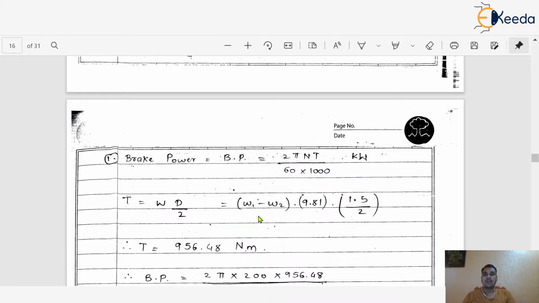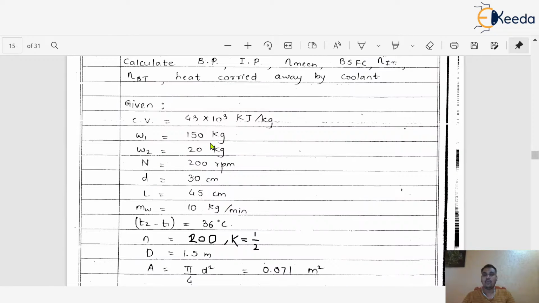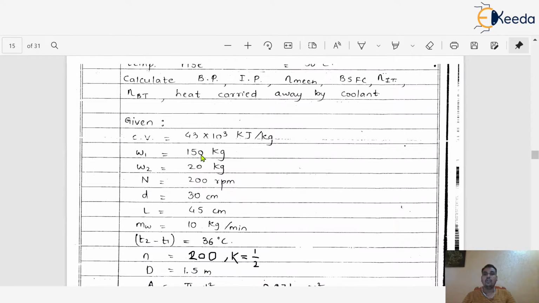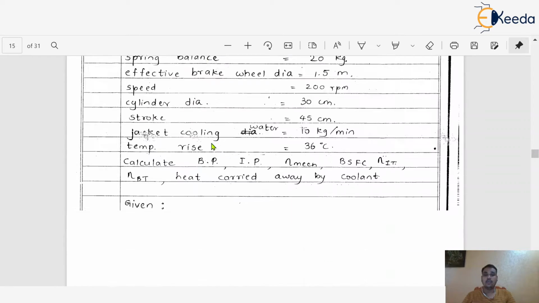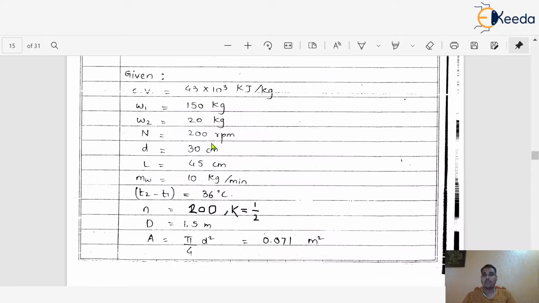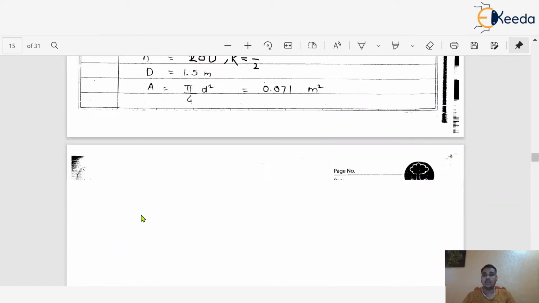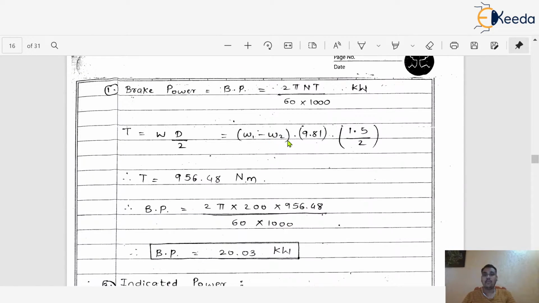Again, two types of loads are given. One is 150 and another one is 20. This load is nothing but the brake load and the spring balance. We have to first calculate the required load in this case, that is 150 minus 20, that is W1 minus W2. In such kind of problem we have to calculate the load like W1 minus W2.